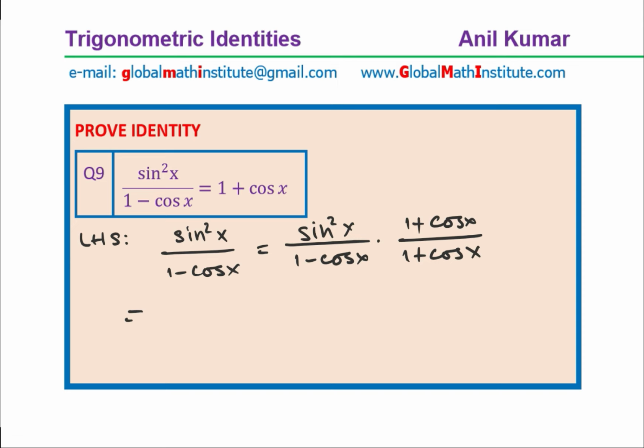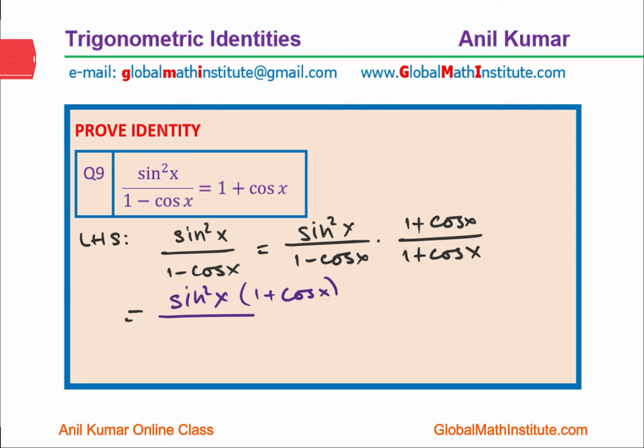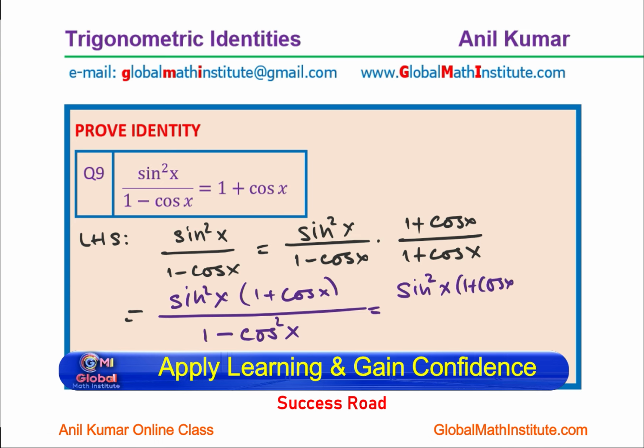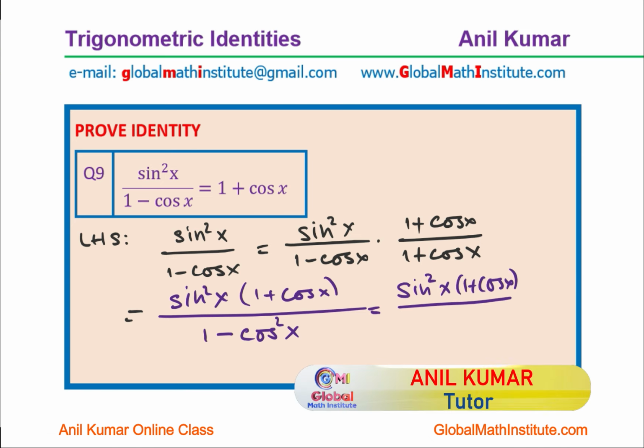Now that gives you what? Let's rewrite. So we have sin²x times (1 + cos x) in the numerator, and the denominator is (1 − cos x) times (1 + cos x), which is 1 − cos²x, right? And that is sin²x times (1 + cos x) over, what is 1 − cos²x?